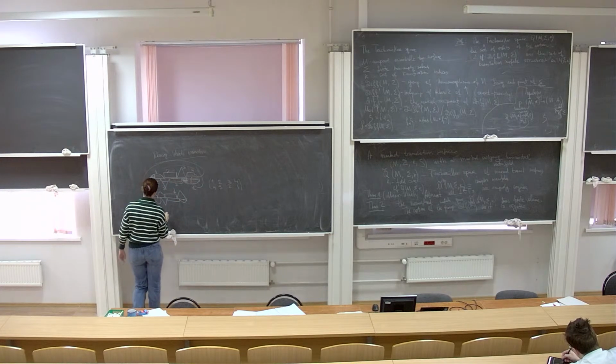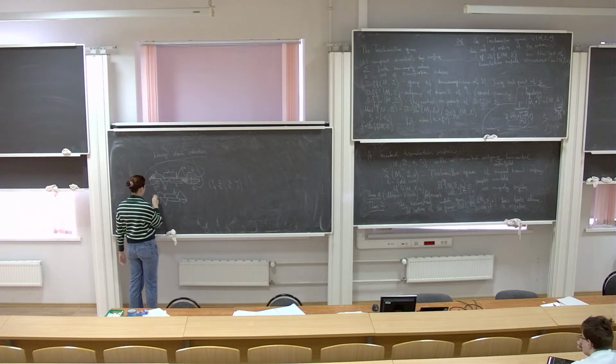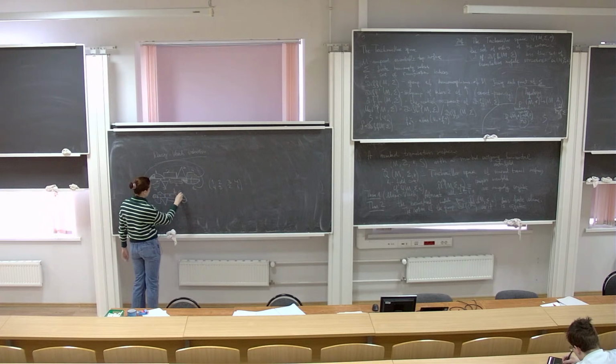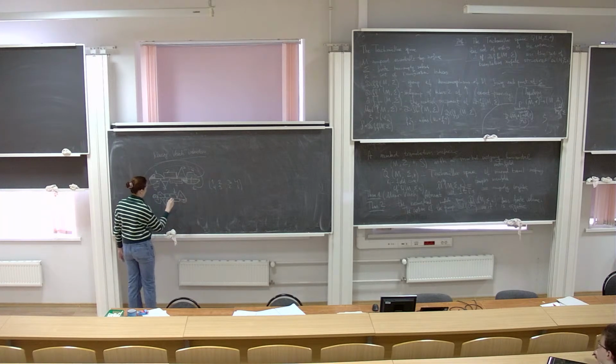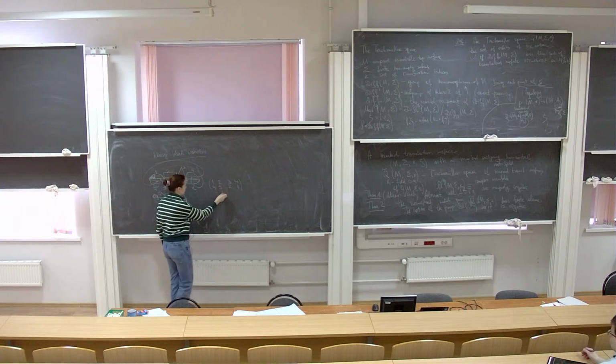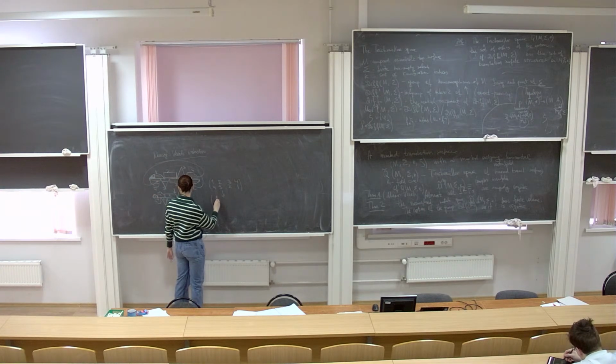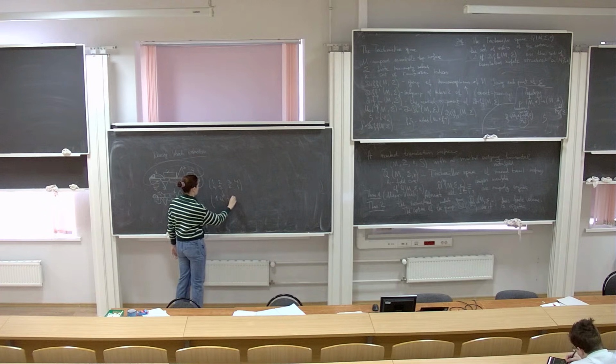What happens here? I can still keep the names, but now you see the guy who was 4 now lives here. 4, 2, 3. And here they are 4, 3, 2, 1. So from this permutation, we went to 1, 4, 2, 3 over 4, 3, 2, 1.